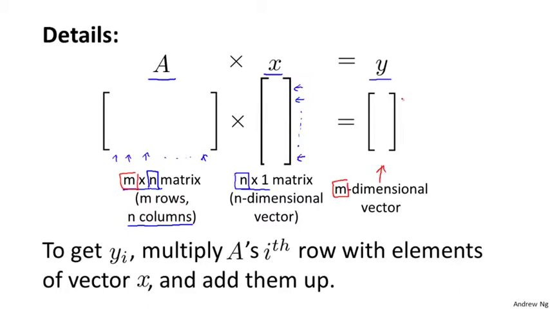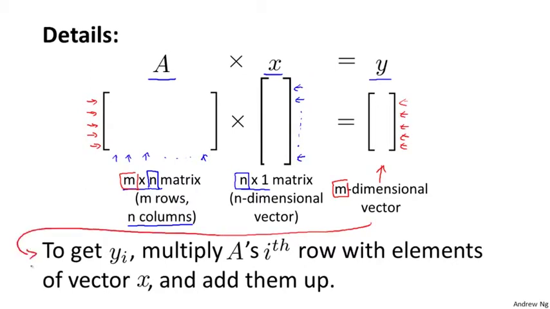Okay, so in other words, the number of rows here, m, is going to be equal to the number of rows in this matrix A. So how do you actually compute this vector y? Well, it turns out to compute this vector y, the process is to get y_i, multiply A's ith row with the elements of the vector x and add them up. So here's what I mean.